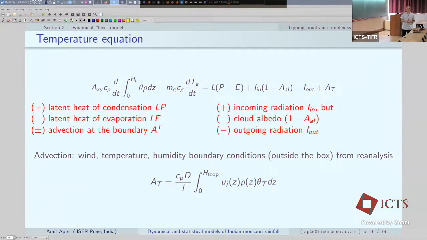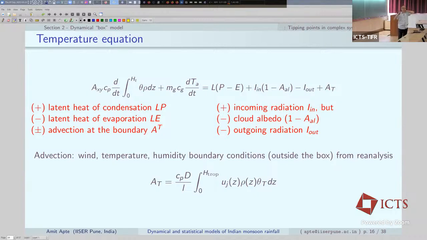So the equation just looks like this. On the left is effectively the derivative of temperature, d by dt of the temperature. But temperature changes in the vertical, so that needs to be captured by using some integral in the vertical, and that's that term. So this is just the rate of change of temperature with time.